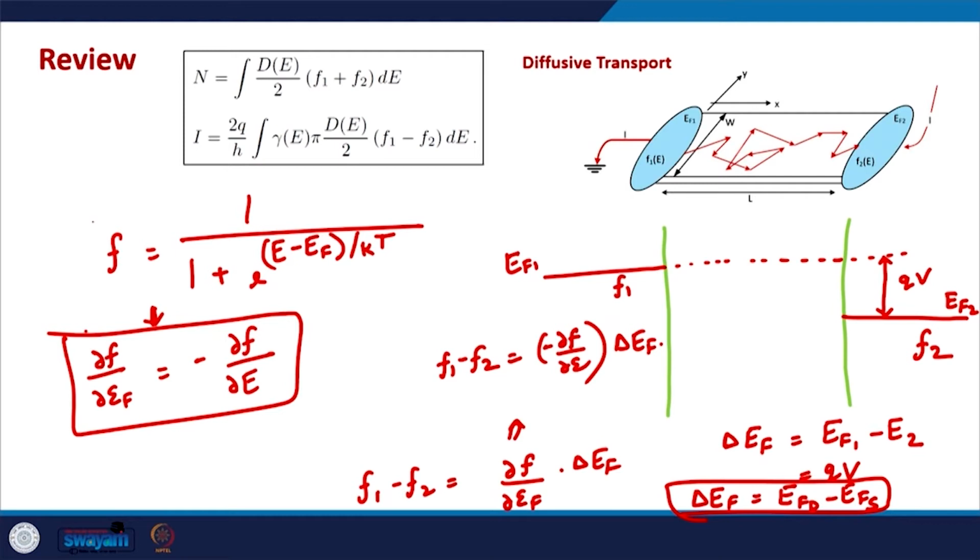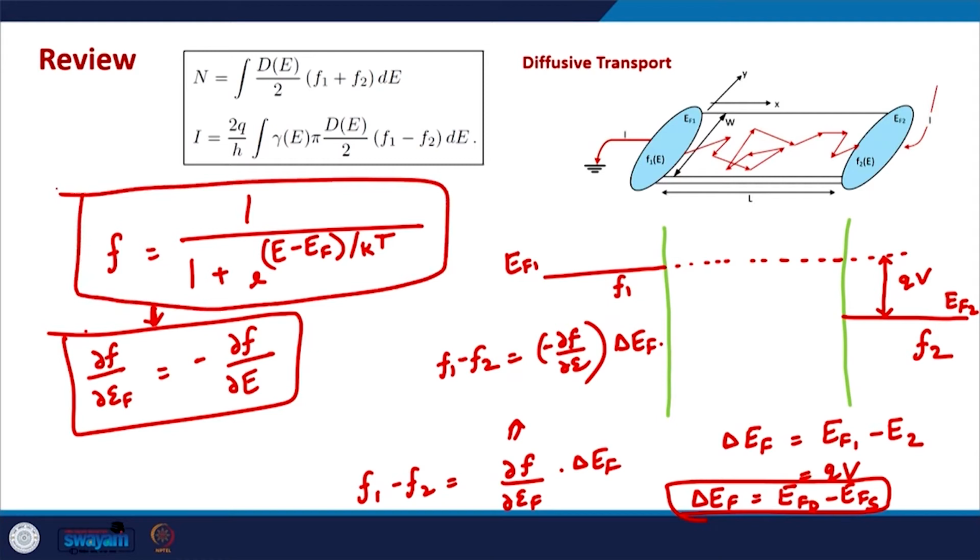So from here what we see is that the Fermi function is a function of energy, it is also a function of Fermi level, and it is a function of temperature as well. In our treatment, so far we have assumed that the temperature of the source contact and the drain contact are the same.